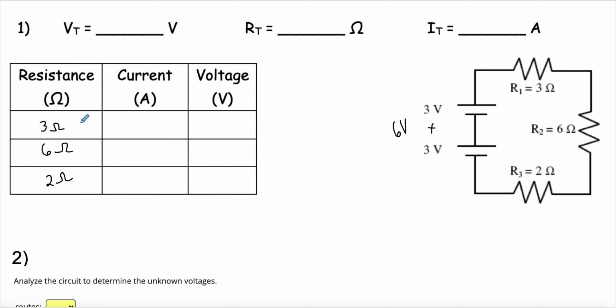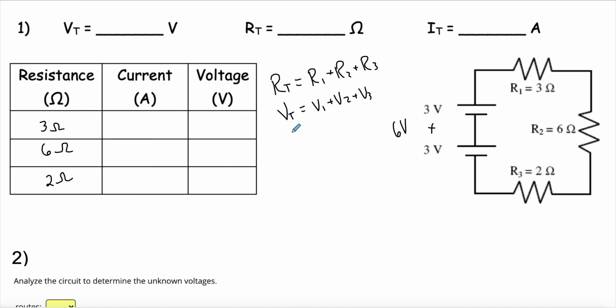Okay, so remember, for total resistance in a series circuit, we're going to have resistor 1 plus resistor 2 plus resistor 3. Okay, the voltages in a series circuit: voltage 1 plus voltage 2 plus voltage 3. Those all just add together.